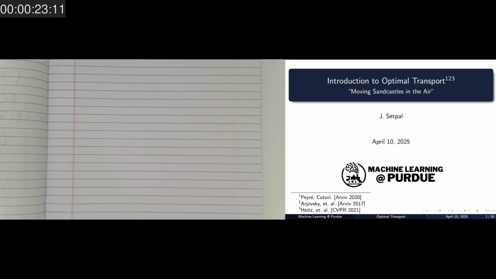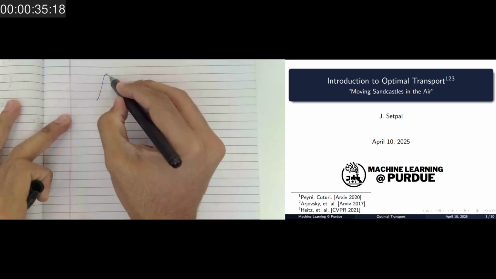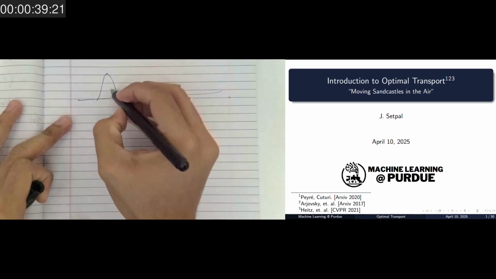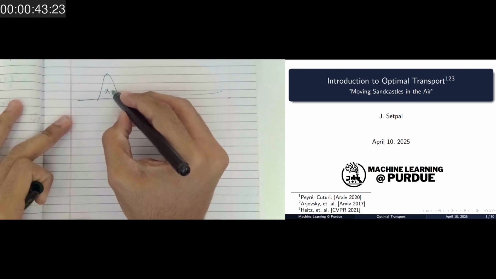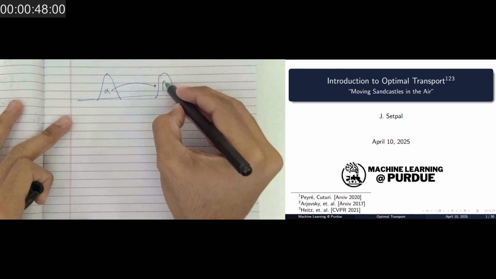Optimal transport, moving sandcastles in the air. It's a class of problems where you basically have a sandcastle. We will formalize this, but I'm just trying to give an intuitive understanding of what we are trying to achieve. You have sandcastle A, or alpha, and I want to move this sandcastle to some position beta.